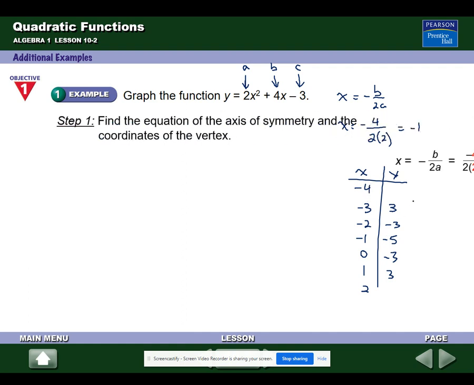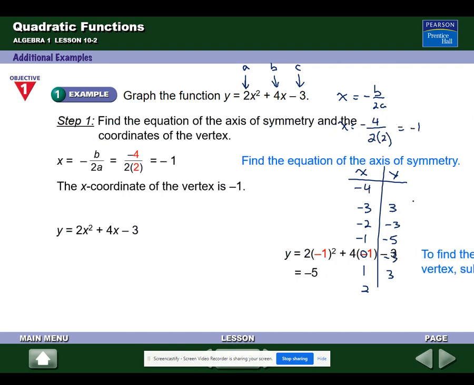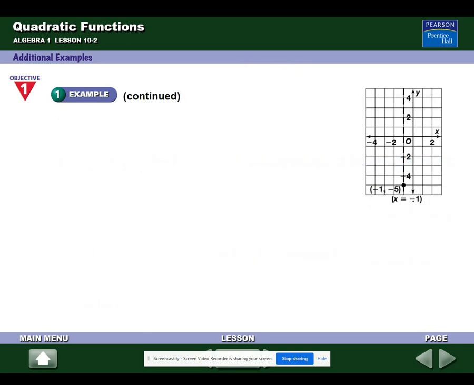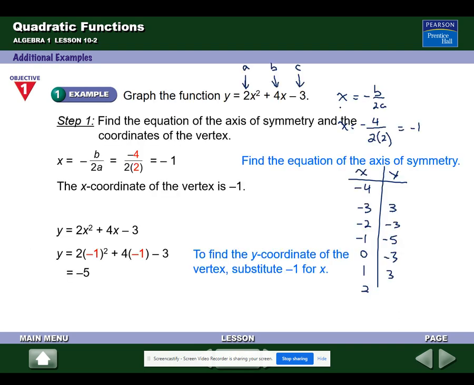Let's see what that looks like on a graph. I'll try to remember these now as I roll to the next thing. So there's the vertex. I forgot it. Of course I forgot it.